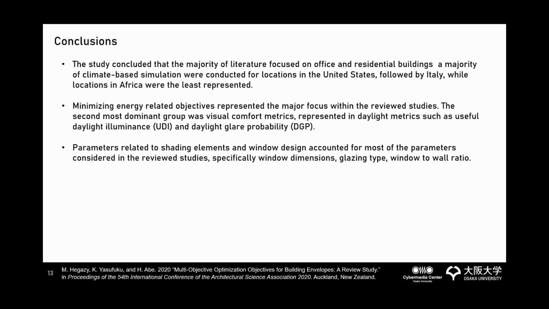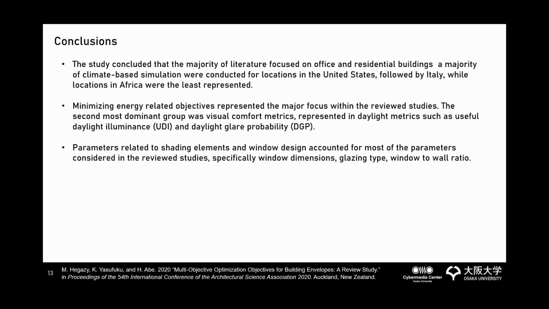So the initial results of this study can conclude the following. The majority of the building envelope optimization studies focus on office and residential buildings, with a high representation of cases in the United States and Europe and an underrepresentation in Africa.